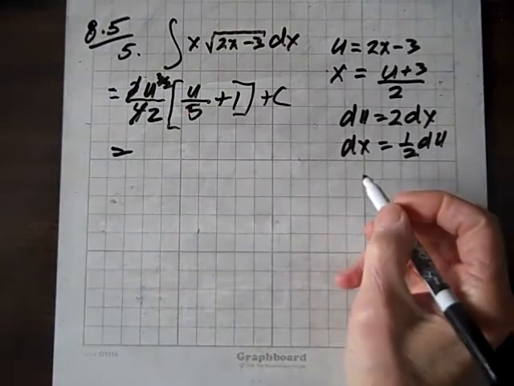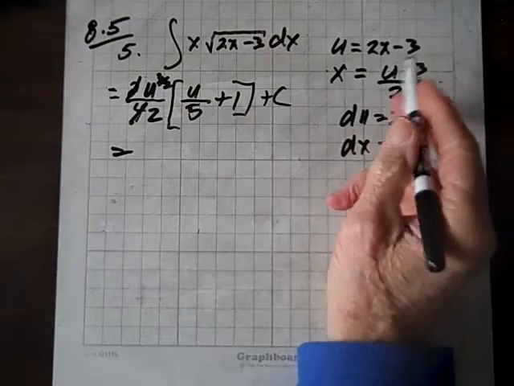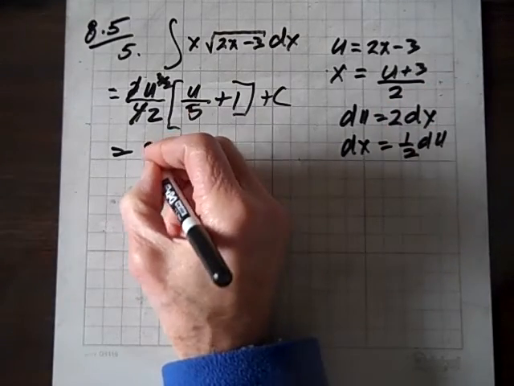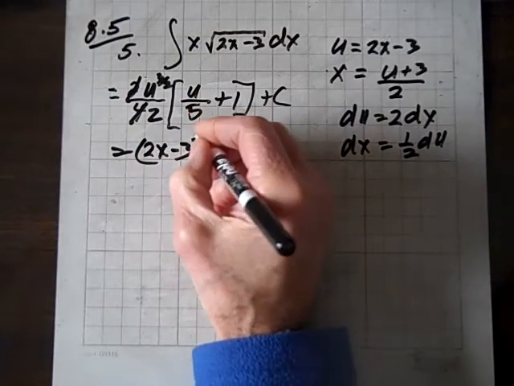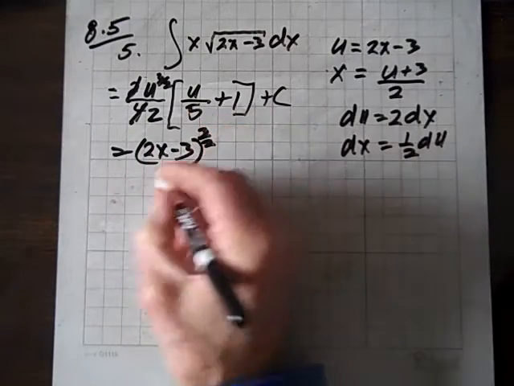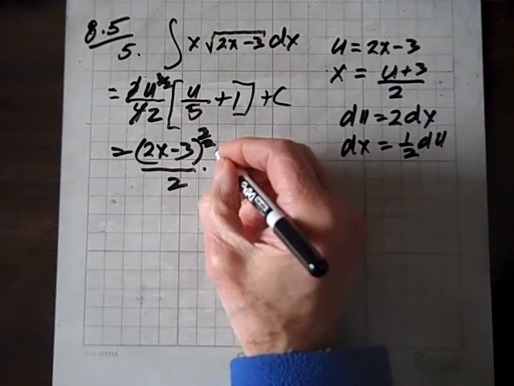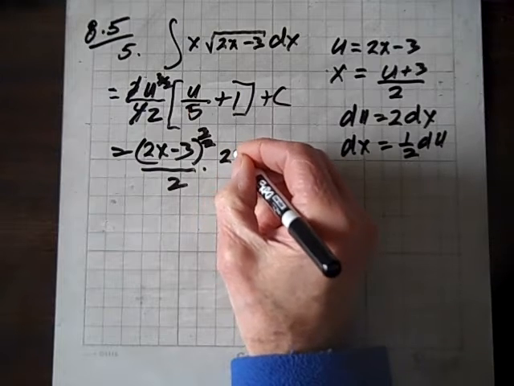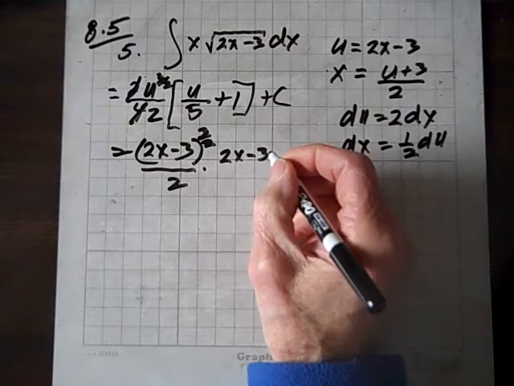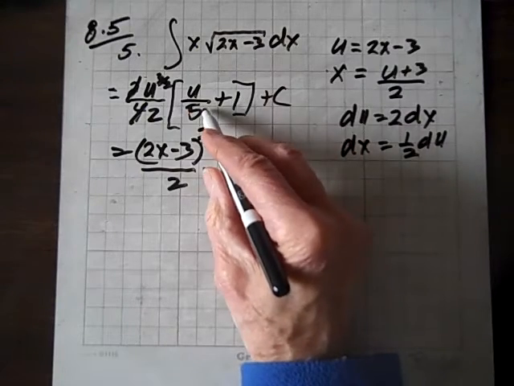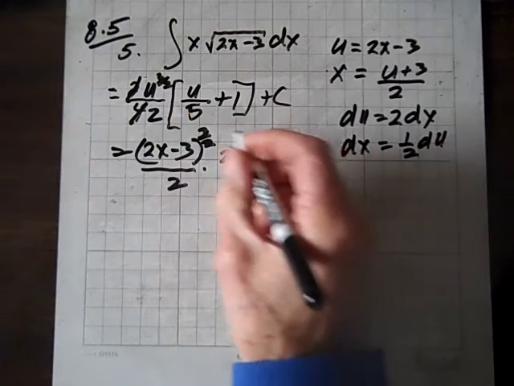And now let's replace u with its identity, and u is 2x minus 3. So we have 2x minus 3 to the 3/2 over 2 times 2x minus 3, and let's get a common denominator, and the common denominator is going to be 5 when we add these up, so that'll be 5.